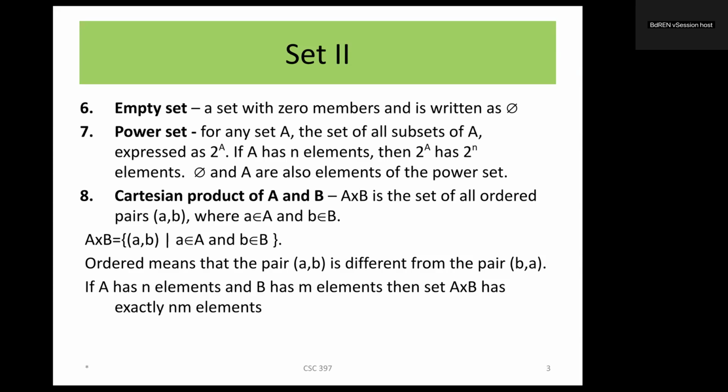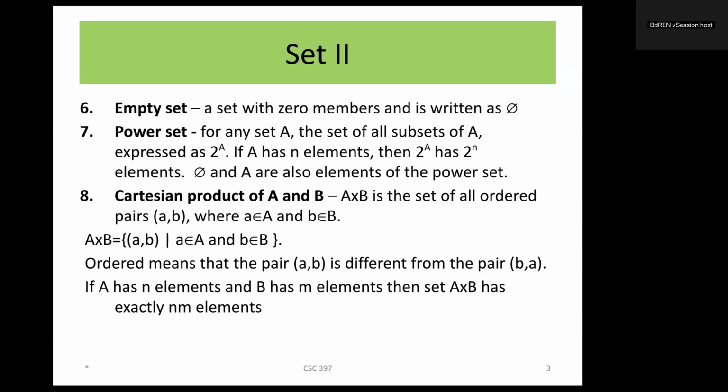Then we have the power set. I think you all must know this. These two topics, power set and Cartesian product, are important for your exam at the same time. For any set A, the set of all subsets of A is expressed as 2 to the power A. If A has n elements, then 2 to the power A has 2 to the power n elements.